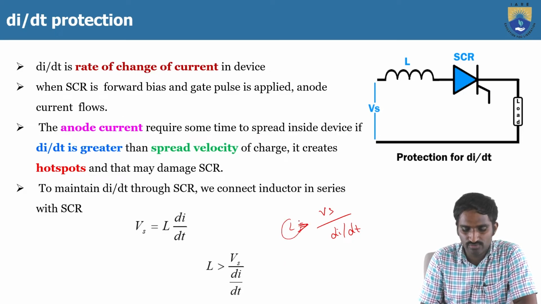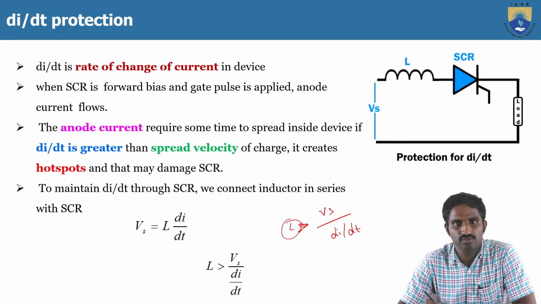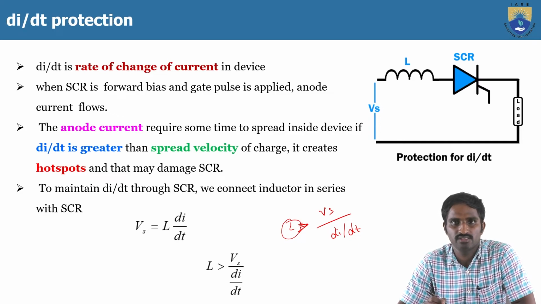In this way we choose the inductance value to connect in series with the thyristor. This is the di by dt protection, which means we are protecting the thyristor from the sudden change in the current, or the rate of change of the current.